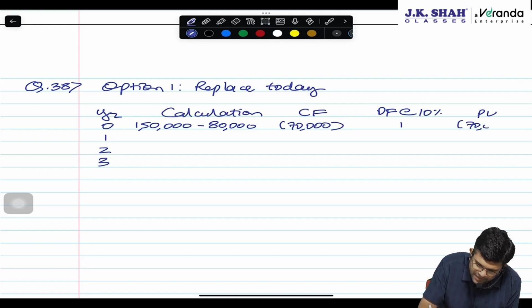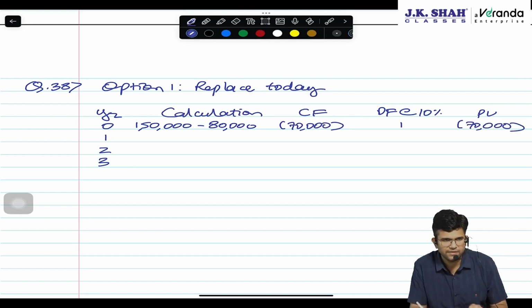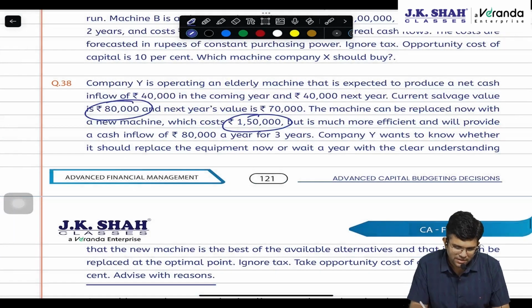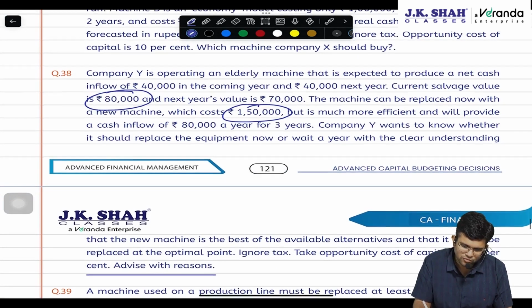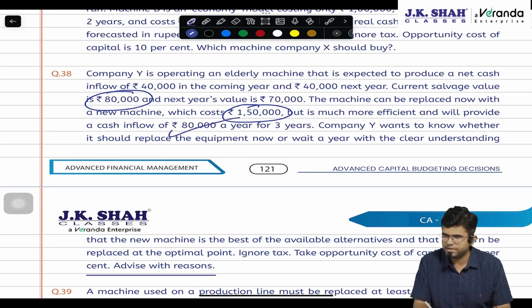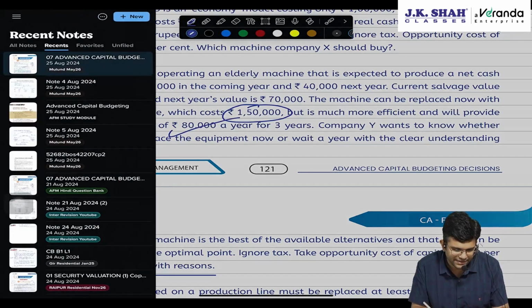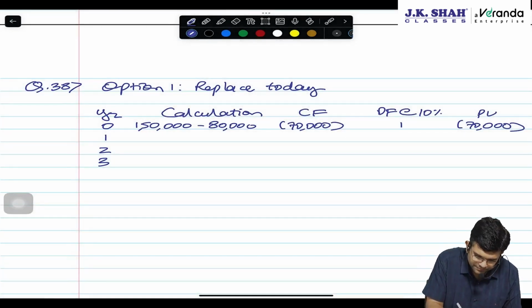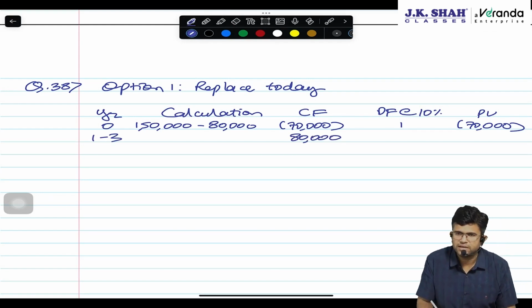Okay. Then the new machine starts. Everybody clear? New machine will give you 80,000 for 3 years. It will give you 80, 80 and 80. In fact, I can write like this now: 1, 2, 3, 80. Is it clear to you?